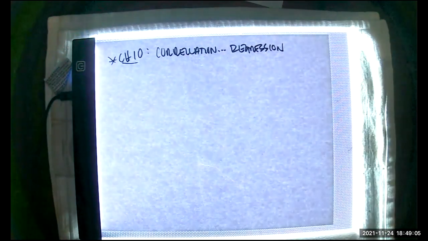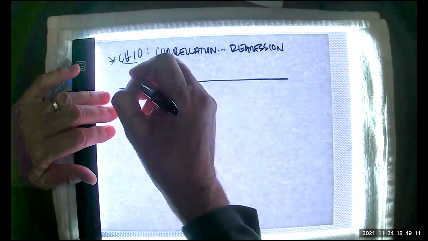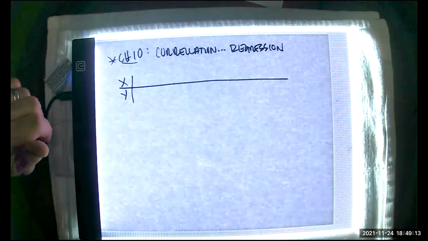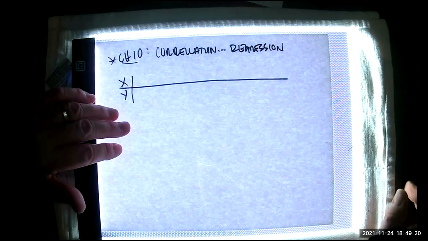These are very identifiable problems. We have XY data. We test for correlation. We test for regression. Let's see, I'm going to keep my problem fairly straightforward because we've seen a bunch of these already.